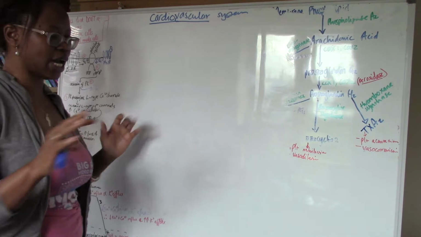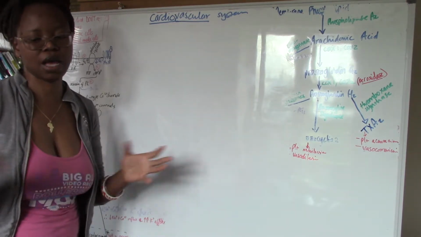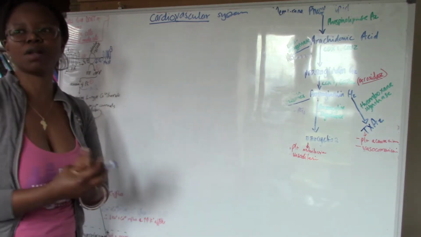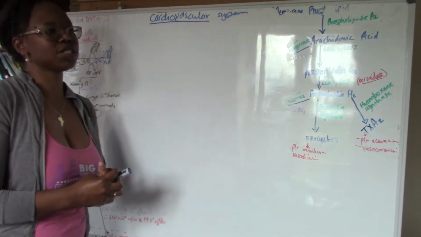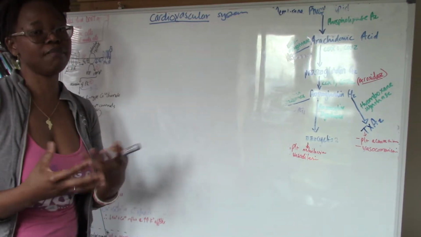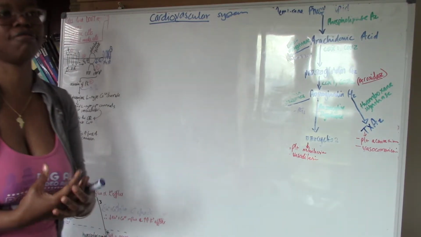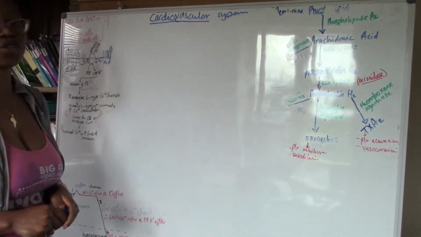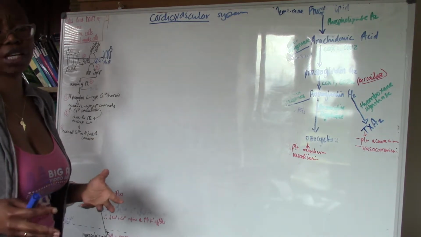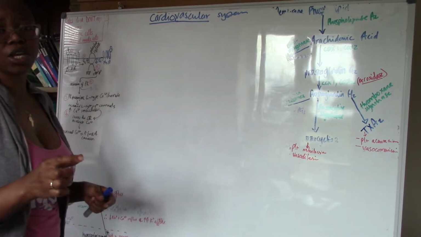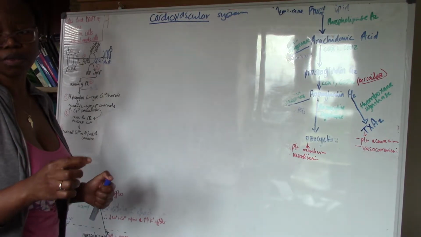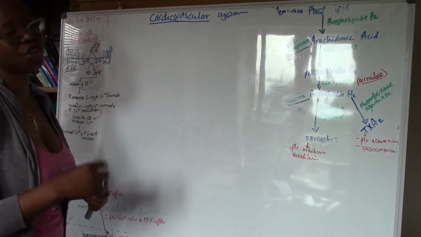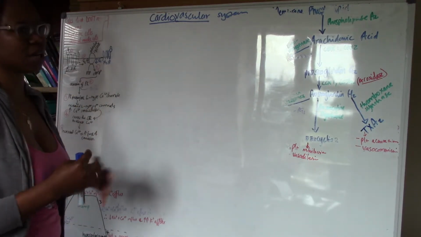Then if we were to dissect and peel away that epicardium, we'll find the myocardium, which is the actual heart muscle. When we say myo, we have to remember muscle. So this is muscle fibers. The heart is made up of cardiac muscle fibers, which are able to generate action potential. A single unit of muscle contraction is called the sarcomere, the basic unit of a contractile structure.